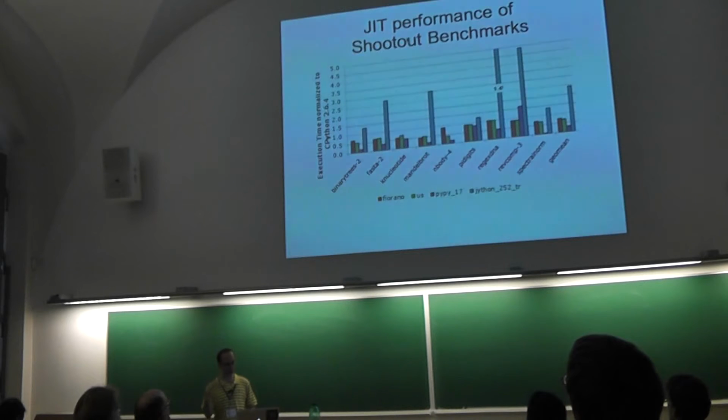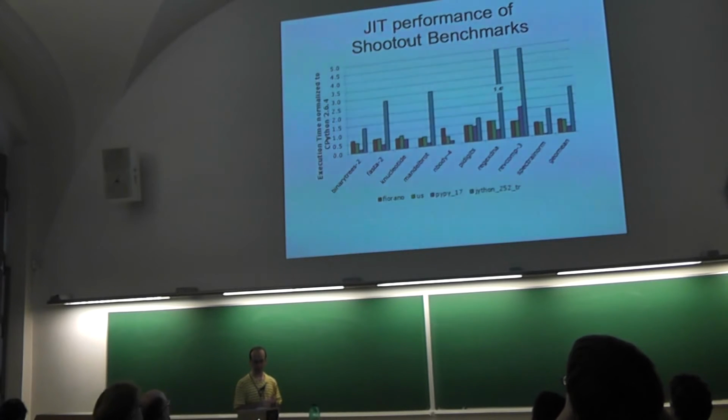1.0 here is CPython 2.6 performance. This compares IBM's JIT, Unladen Swallow, PyPy, and Jython, which, if you're unaware, converts Python to Java, running in the Java VM, which is also running on IBM's Java VM.